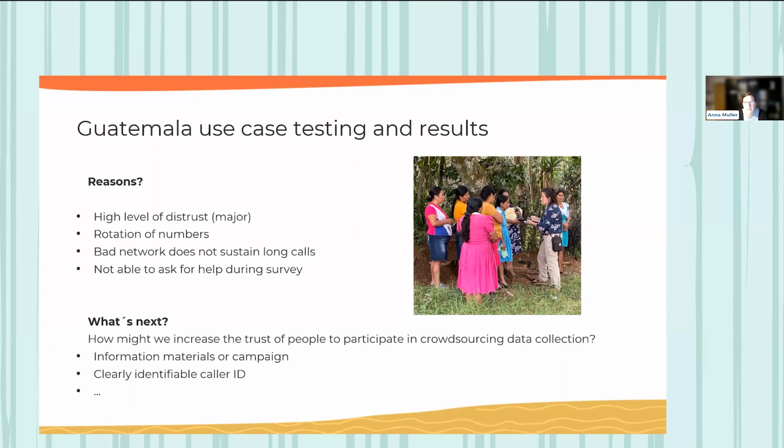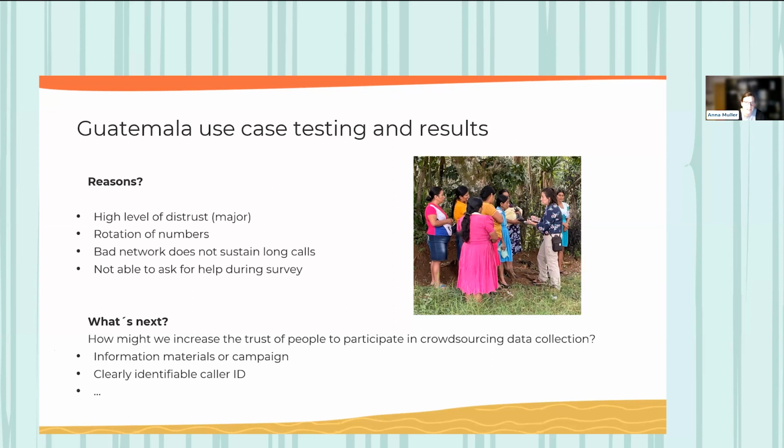If the respondents received the survey through WhatsApp, they could ask, let's say, their husband, their brother, their son, clarifying questions before responding. This was not the case during the IVR calls, which caused a certain level of stress among the participants of the tests.